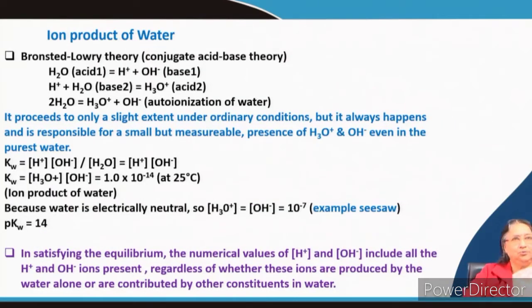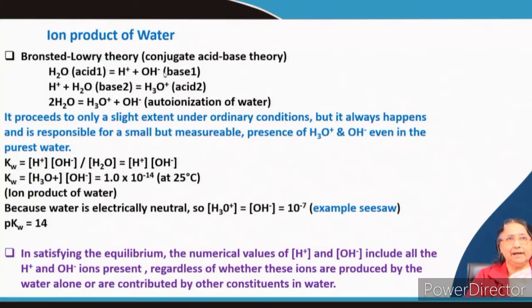Now, ion product of water, I have already told in my first lecture what is ion product of water. We know from the Bronsted-Lowry conjugate acid base pair theory that water can act as an acid when it gives H plus ion and OH minus ion, which is nothing but its conjugate base.